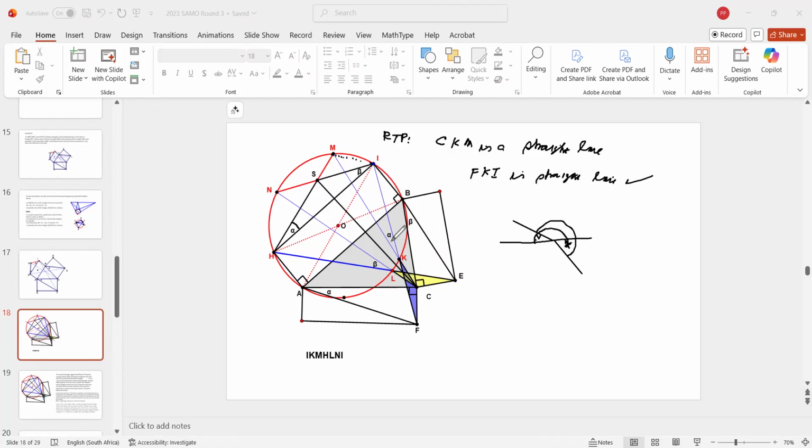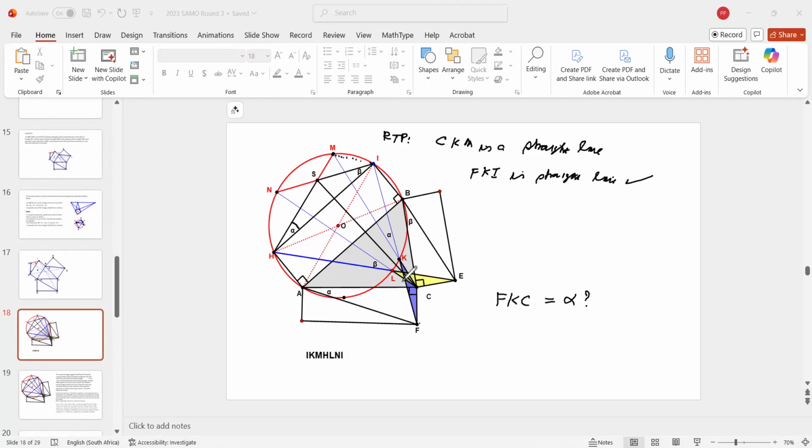So the angle which is vertically opposite to alpha is FKC. And now the question is, is FKC also equal to alpha? So that is the challenge now. All right, so how do you do that?